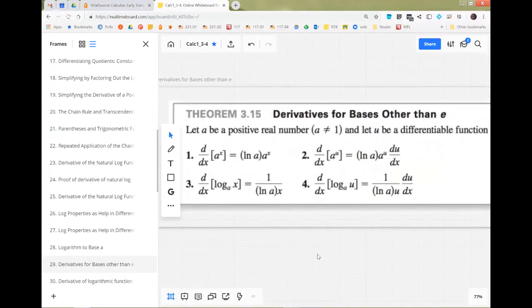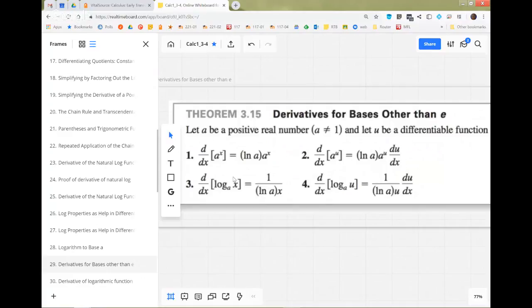But number 1, what if you want to take the derivative of some other, not e to the x, not 10 to the x, but just any number a to the x, except for a being 1, because 1 to the x is kind of stupid. 1 to the x is just 1, and we already know what the derivative of 1 is. It's 0. So the question is, what about when a is any number other than 1?